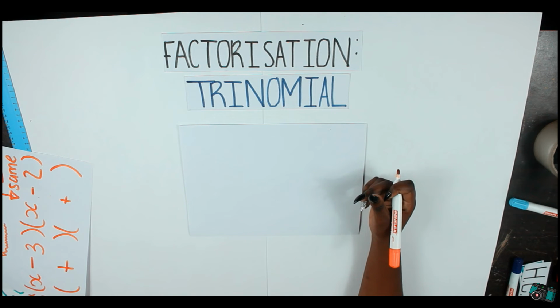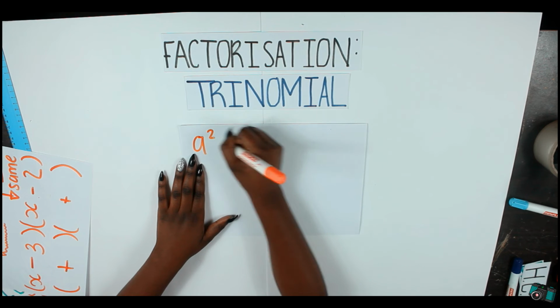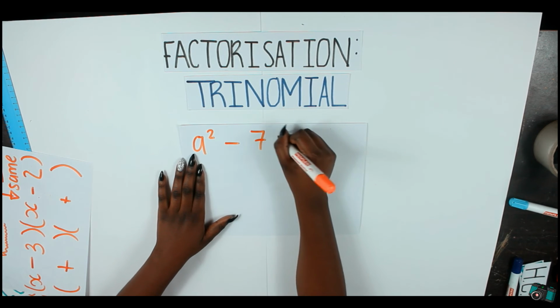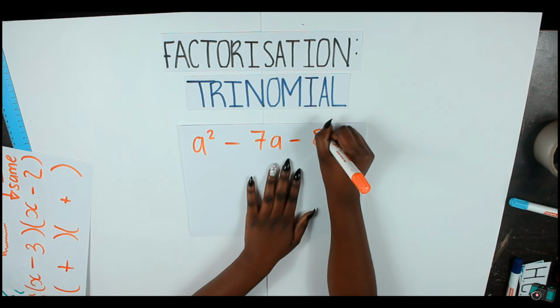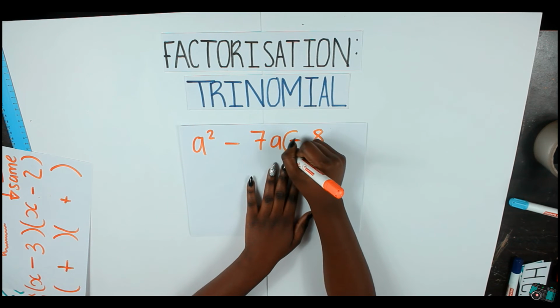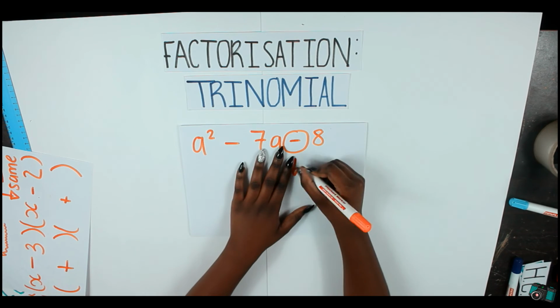Now let's say you have a squared minus 7a minus 8. Now you have a negative sign here, which means that your signs in the brackets will be different.